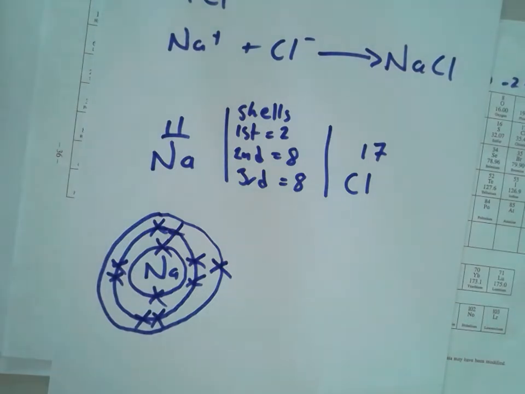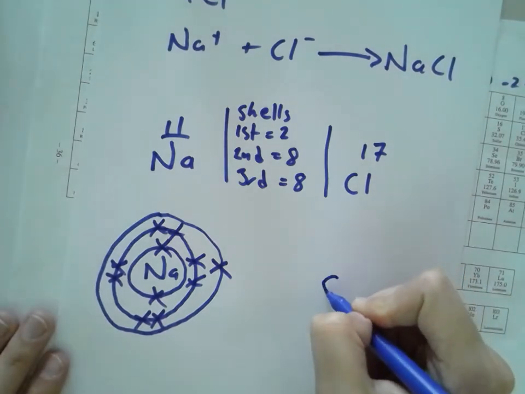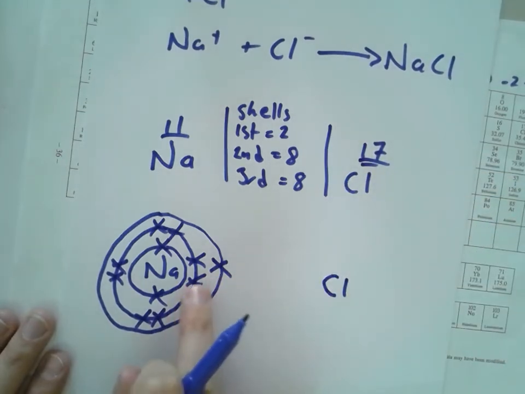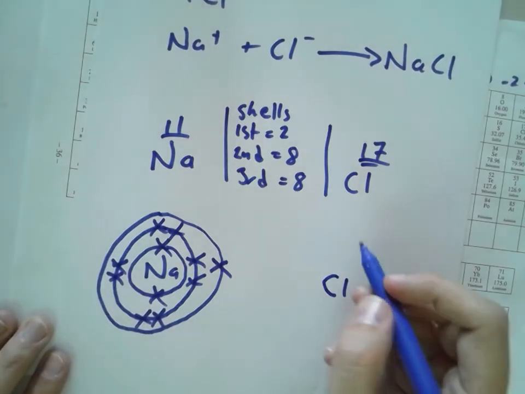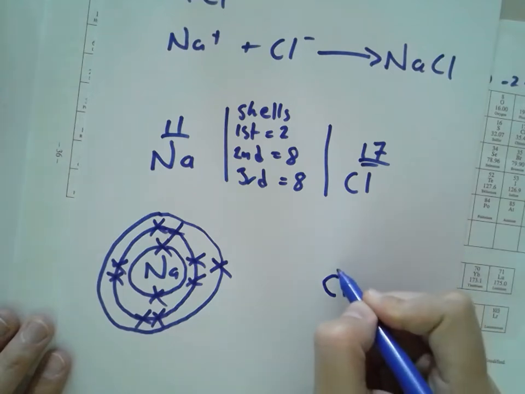Okay, so I hope I gave you enough time to do chlorine. Chlorine needs to have 17 electrons, and I've represented the electrons as X's. You can also draw them as circles as you please, but if we're doing them as X's as a class, then stick to that so you don't get confused.